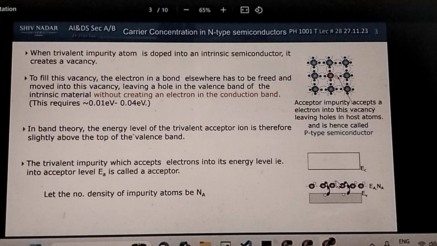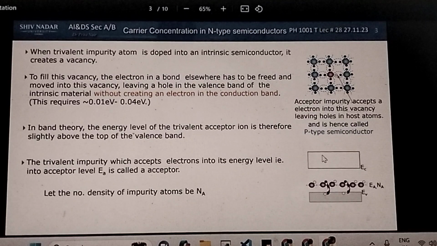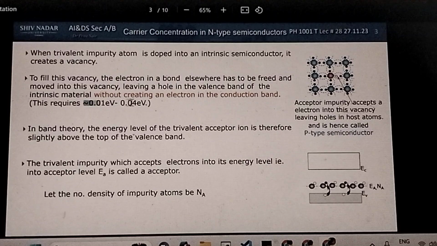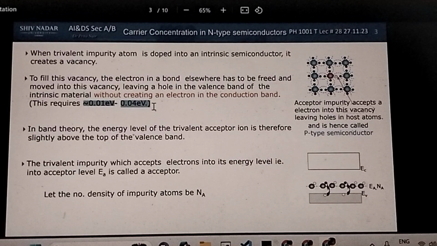Again, if you compare with n-type, we had ED, the energy level of the donor, and that lay closer to the conduction band. Now the energy level of an acceptor, on the other hand, lies very close to the valence band, the gap between them being around 0.01 to 0.04 electron volts.